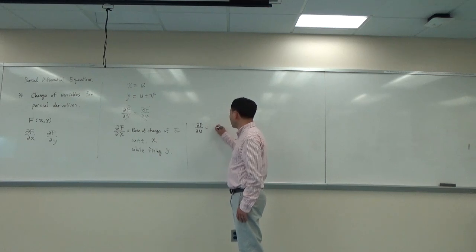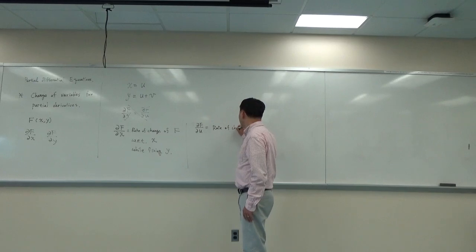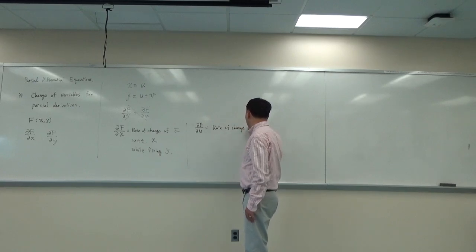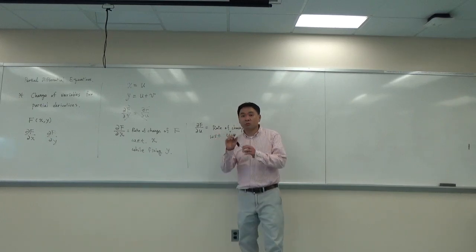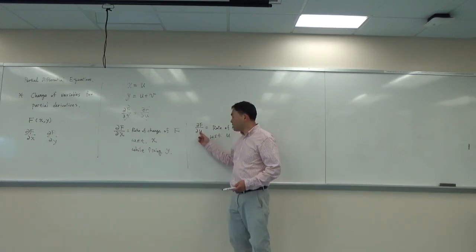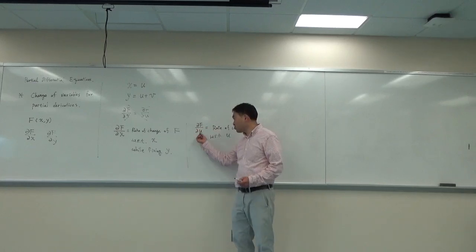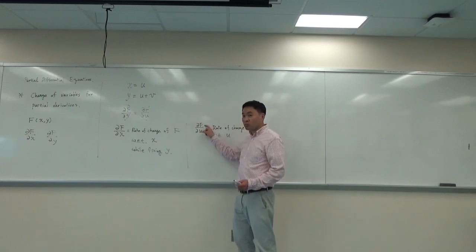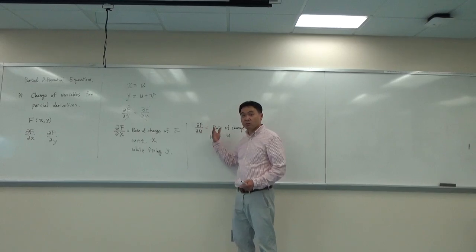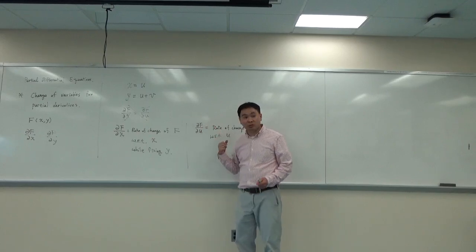It's the rate of change of f with respect to u. So what you're doing is you're increasing u ever so slightly. That's going to bring change in f, and then with that you take the ratio and see what the ratio is. That gives you the rate of change, right?